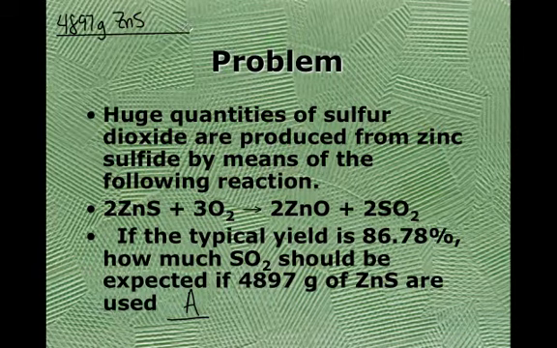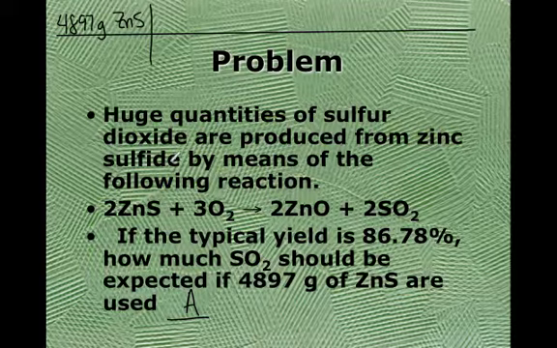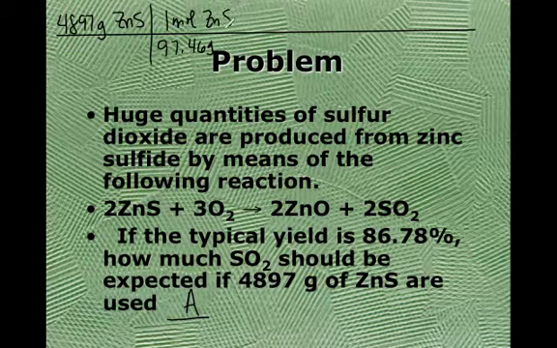Zinc is 65.39 and sulfur is 32.07. Someone can figure out that mass. 65.39 plus 32.07. Okay, so there's our mass.